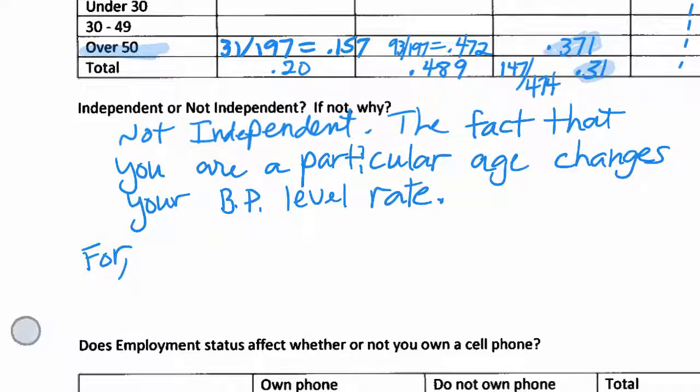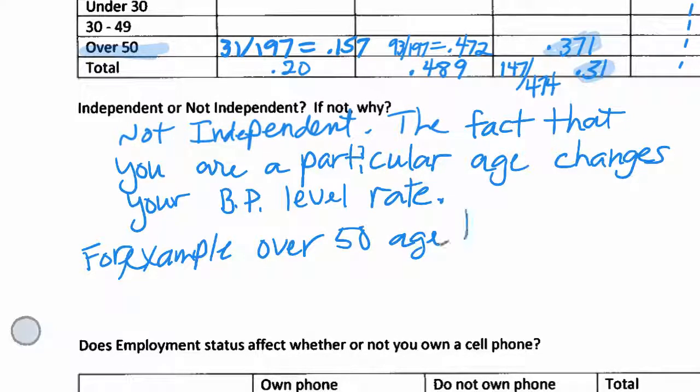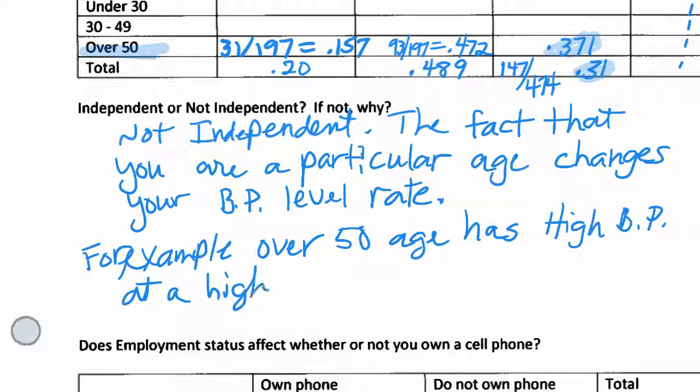There's lots. For example, I'm going to say over 50 age has high blood pressure at a higher rate than overall.